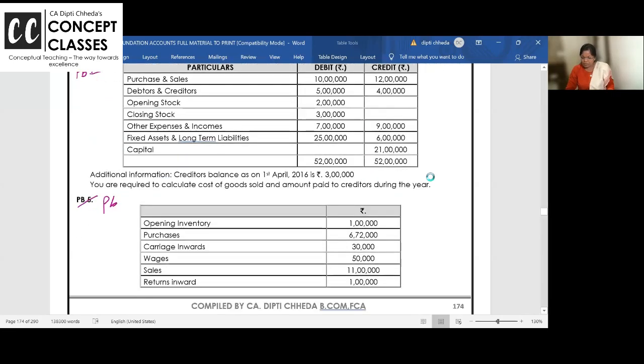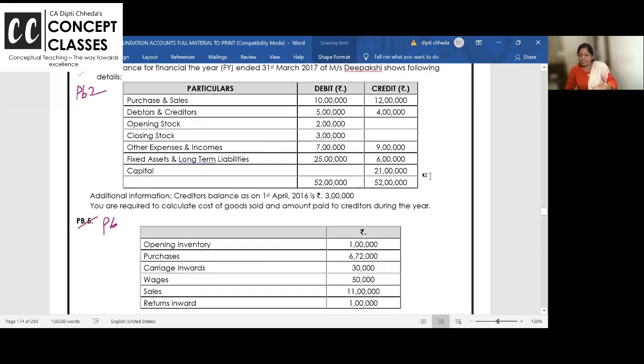Now let us do problem number 2. This is a nice problem and you will again get good practice for closing stock also. Right? So let's do it. Read the problem together. From the financial year, I told you sometimes they'll give you open information and sometimes they'll give you the trial balance.